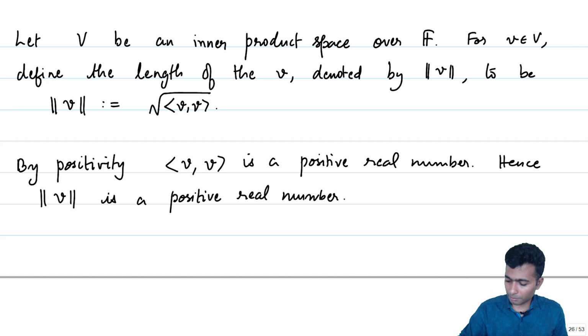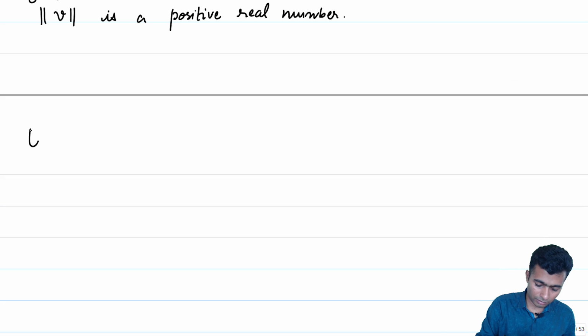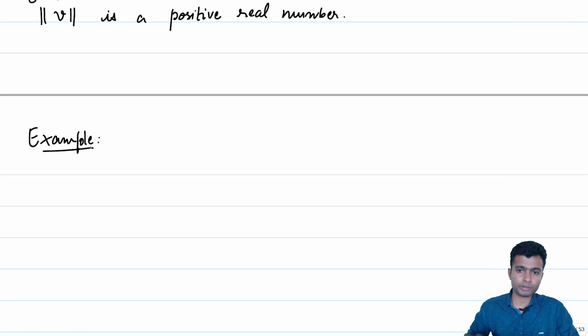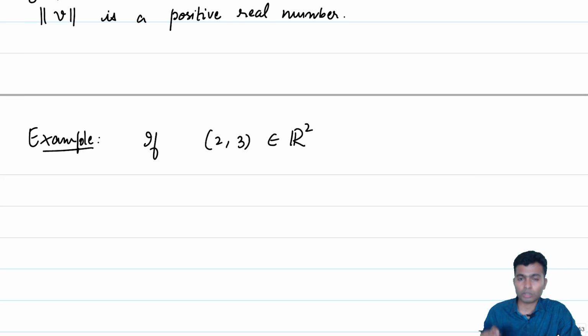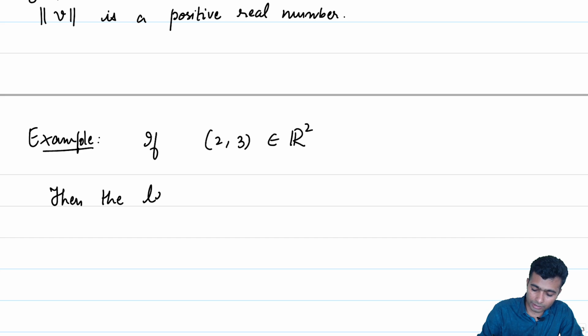Let's look at an example. Well, I don't want to spend too much time on examples. You could go to each and every one of the examples of inner product spaces we have defined and take arbitrary elements and compute their length to get used to this notion. So, in particular, if (2, 3) belongs to R2, then what is going to be the length in the standard inner product?